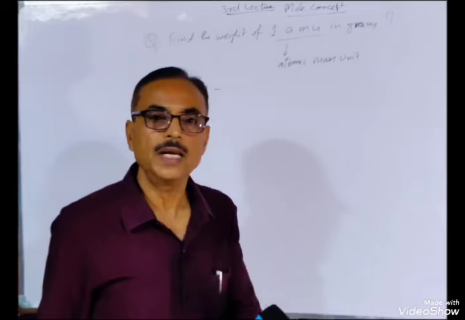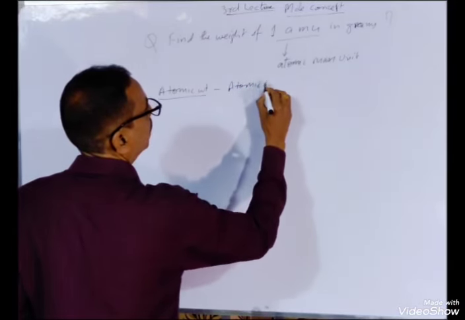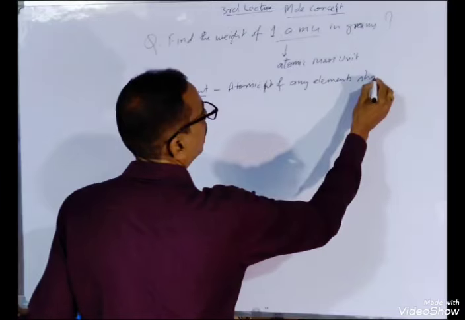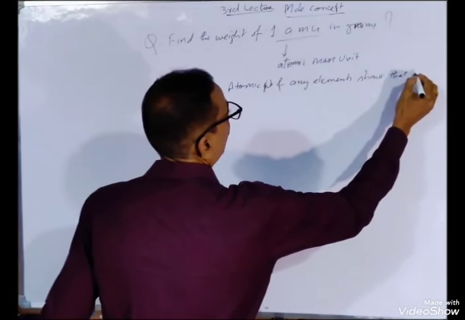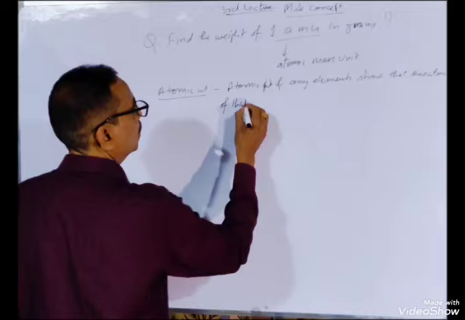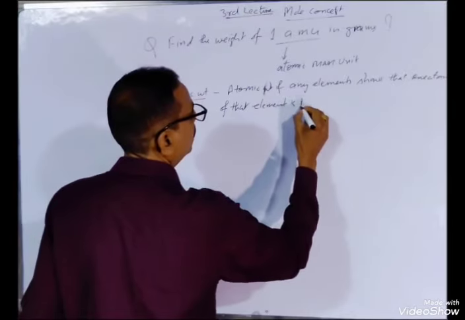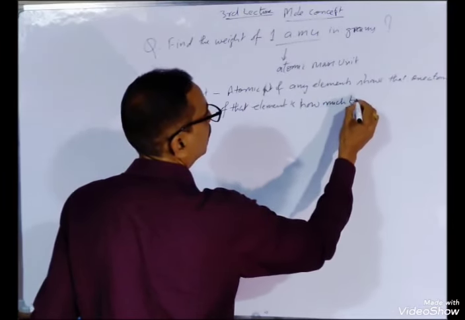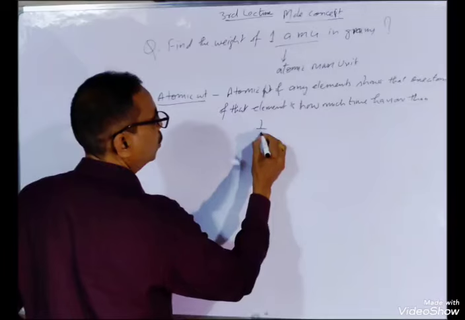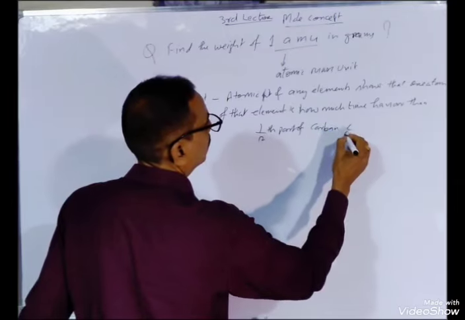The atomic weight of any element shows how many times heavier one atom of that element is than 1/12 part of a carbon-6 atom.